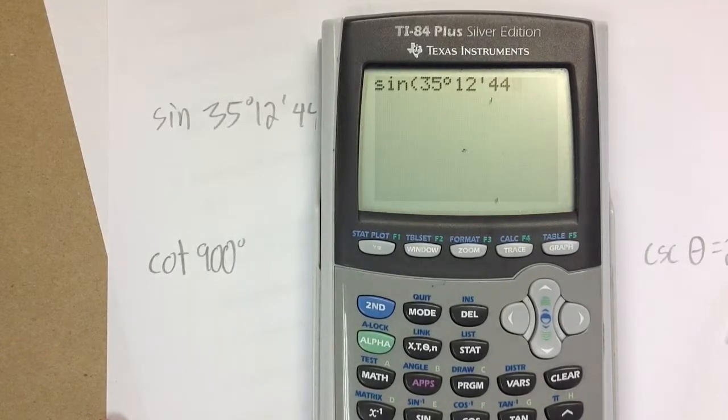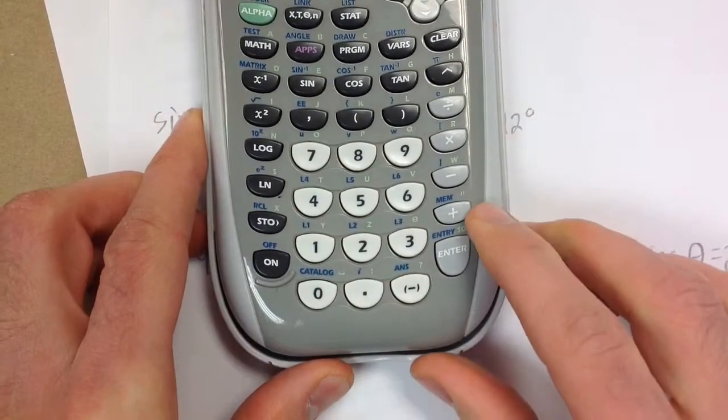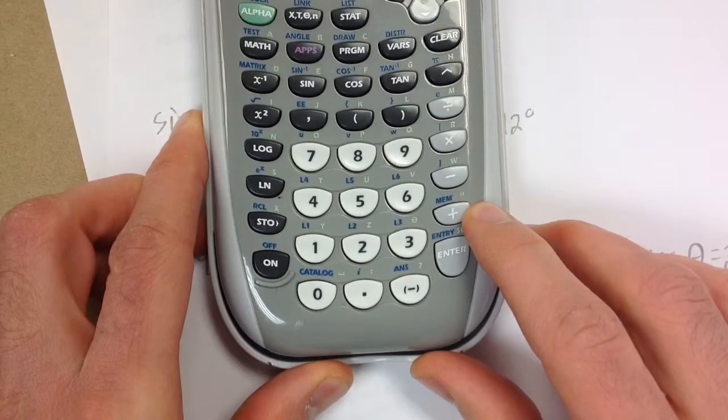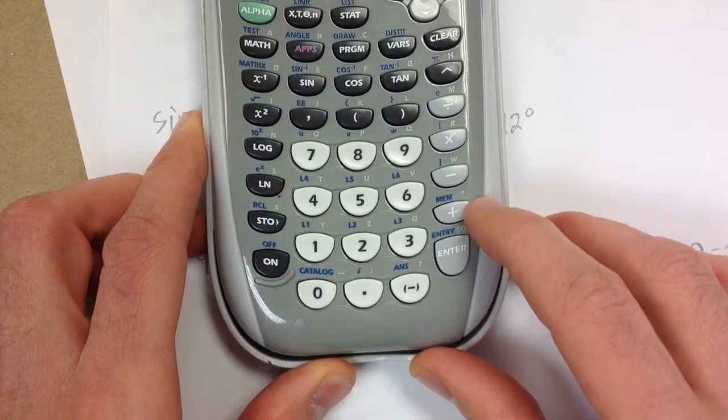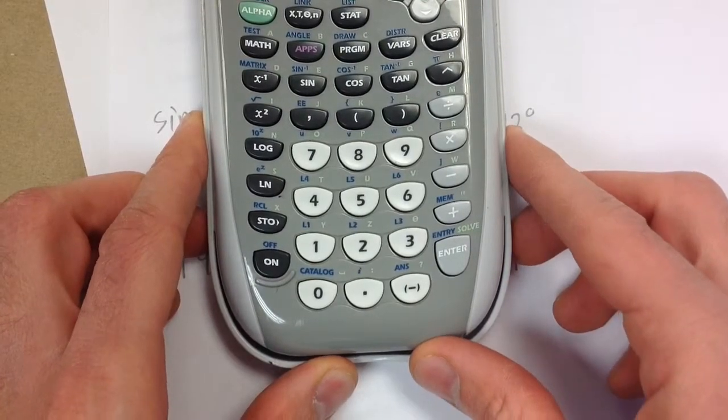I do not know why Texas Instruments did not put the second symbol in the angle menu. It's strange. The second symbol is above the plus sign, the double quotes above the plus sign, and to access it, you press alpha plus.